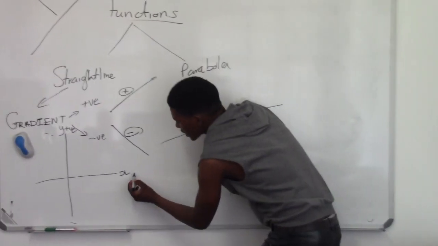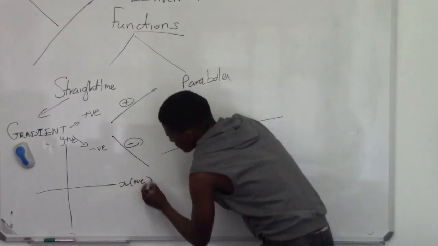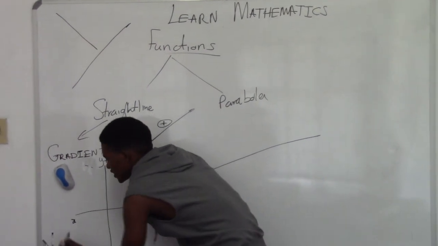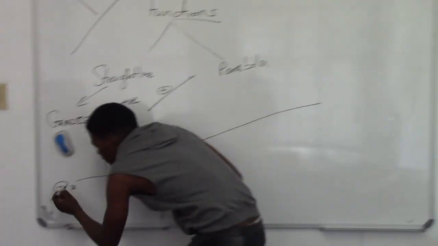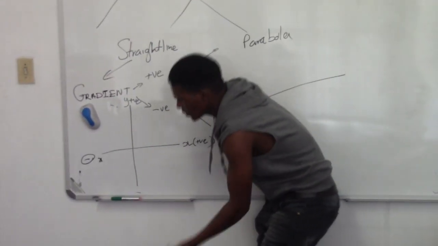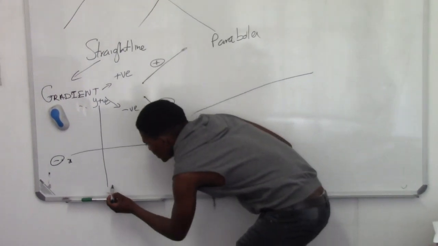On this side, on your right, you'll find positive x. And on your left, I said left is negative, so on your left you'll find a negative x. Then downwards, when you decrease, you'll find negative.